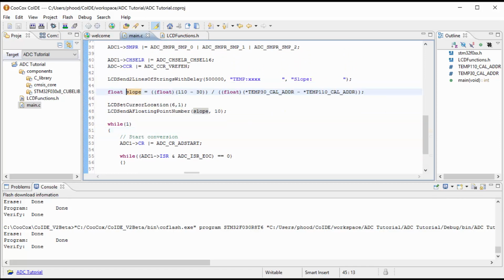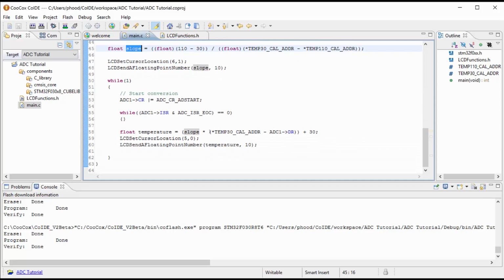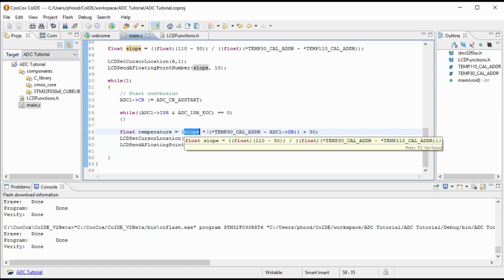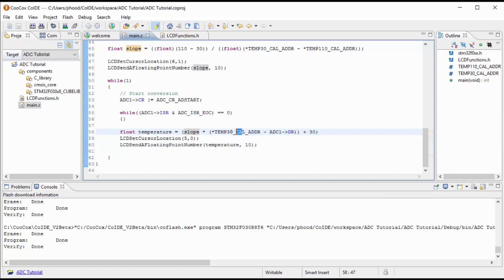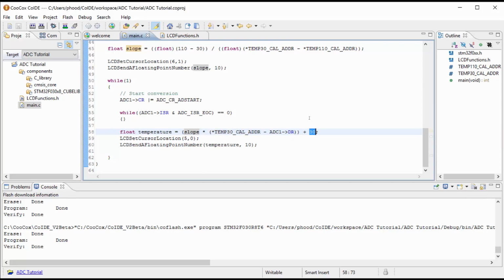So in conclusion, you can see how relatively easy it was to come up with a slope that would give us the number of degrees per point of differing temperature digital value, and how easy it was to actually put that into practice, where we take the actual digital value subtracted by the lowest temp calibrated value, and we multiplied that by the slope, which is the per point difference degree in temperature, and we just added it to the 30 because we're offsetting it up.